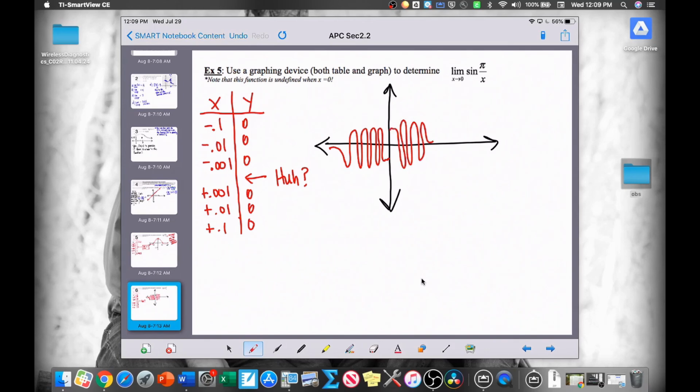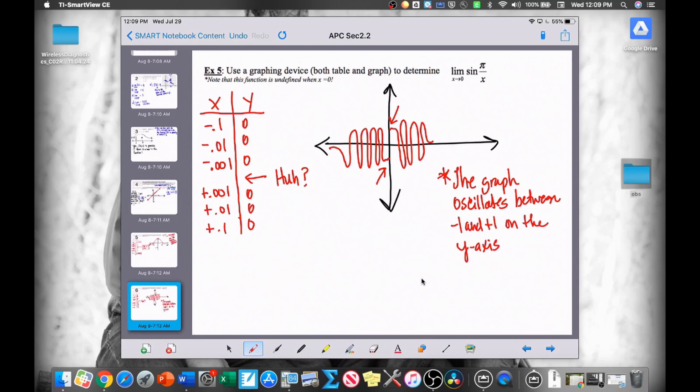So as x is approaching 0 on the left, and as x is approaching 0 on the right, it's not settling on a value. Let's write that down. The graph oscillates between negative 1 and positive 1 on the y-axis, never settling on a value.